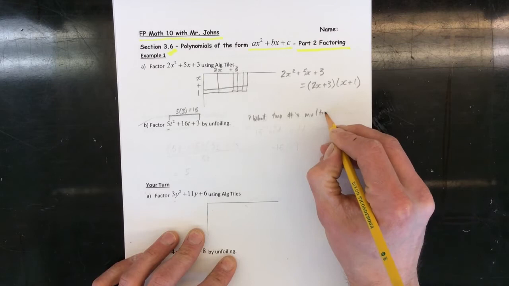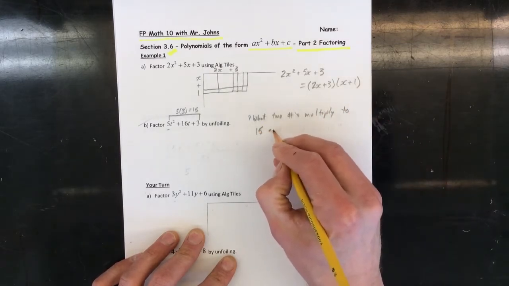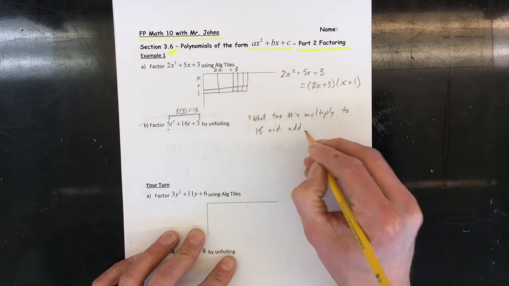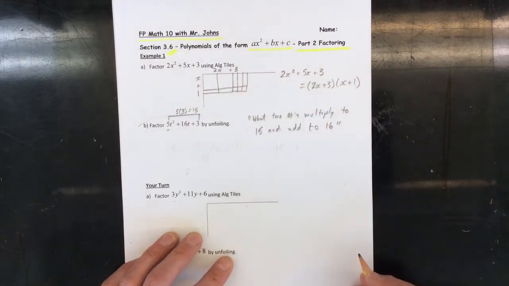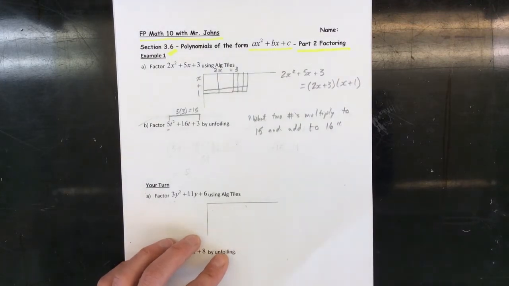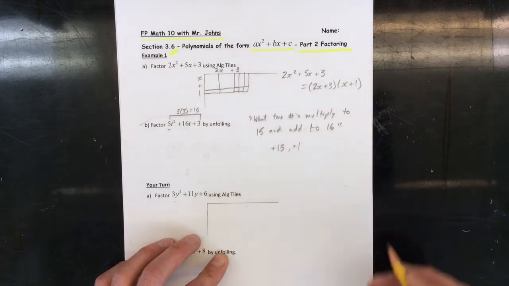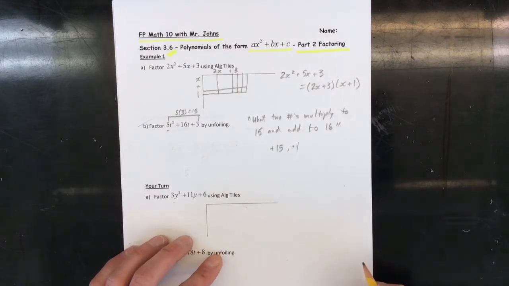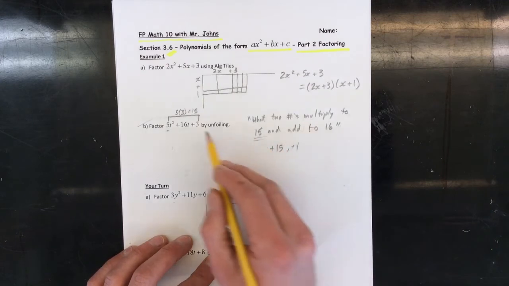multiply to 15 and add to 16? Well, I'm good at this, so I know that I need to take positive 15 and positive 1. But this number was 15 and not 3.